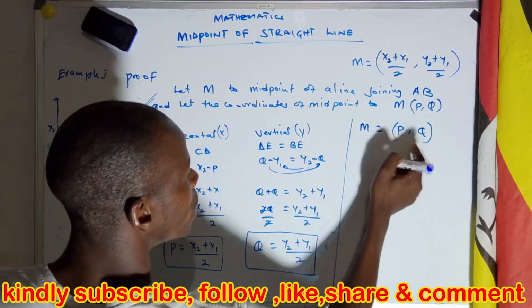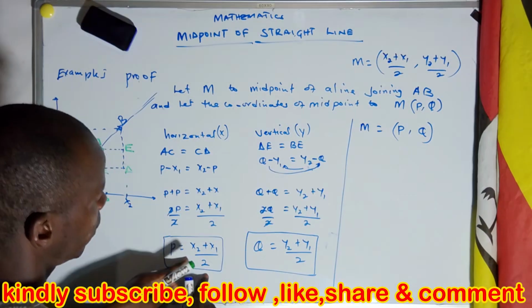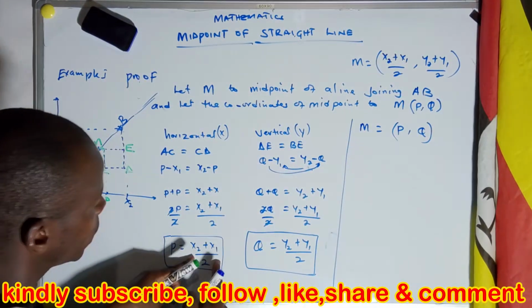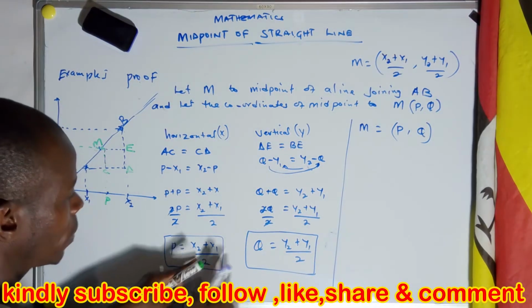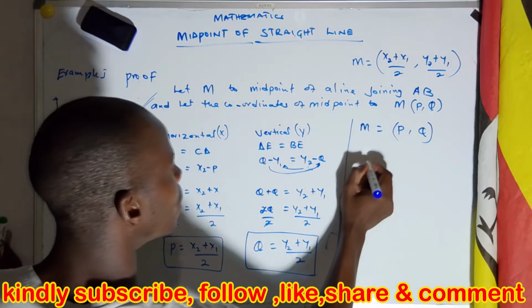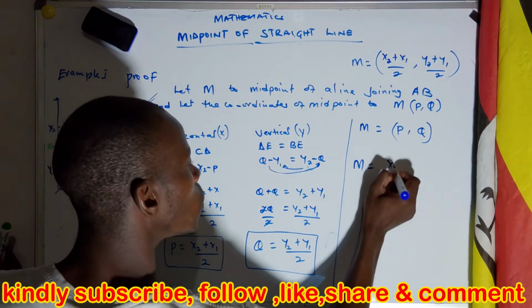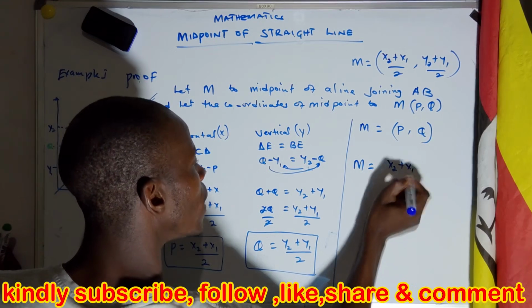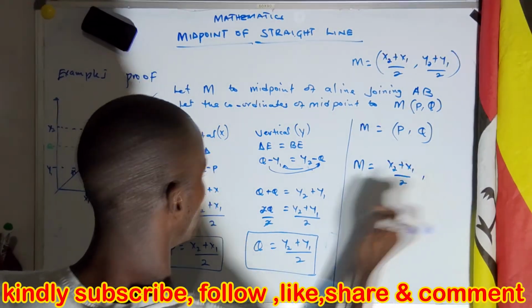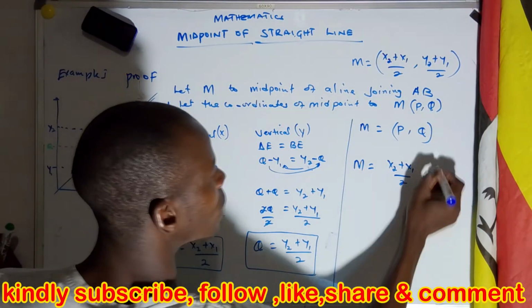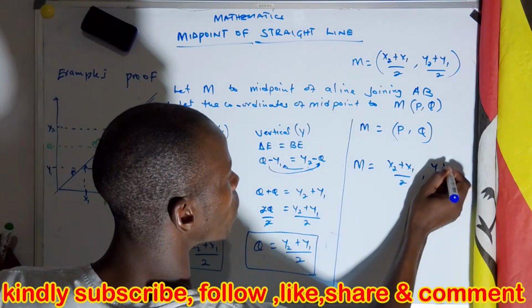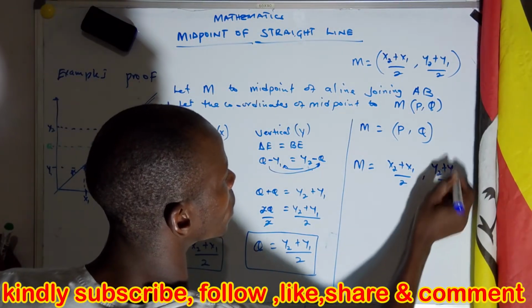We replace where P is with these values. M midpoint is equal to P, which is X2 plus X1 out of 2, and Q, which is Y2 plus Y1 out of 2.